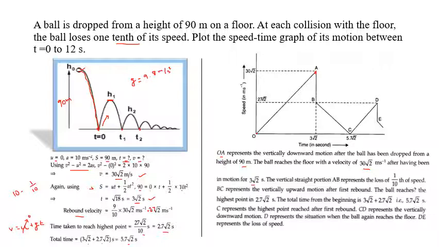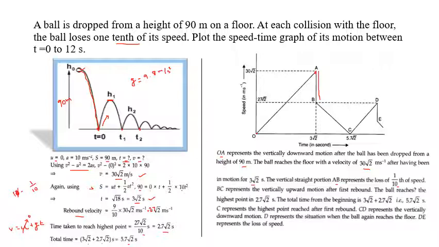The vertical straight portion AB, from point A to B, represents the loss of 1/10 of speed. This is as per your question: the ball loses 1/10 of its speed. Is that clear? This is not 10, this is 1.